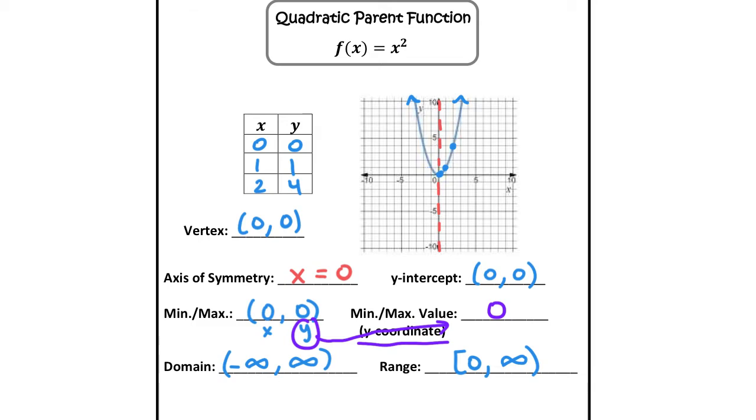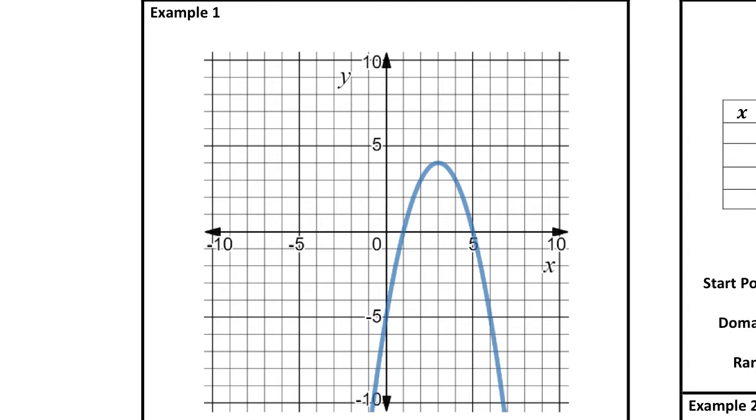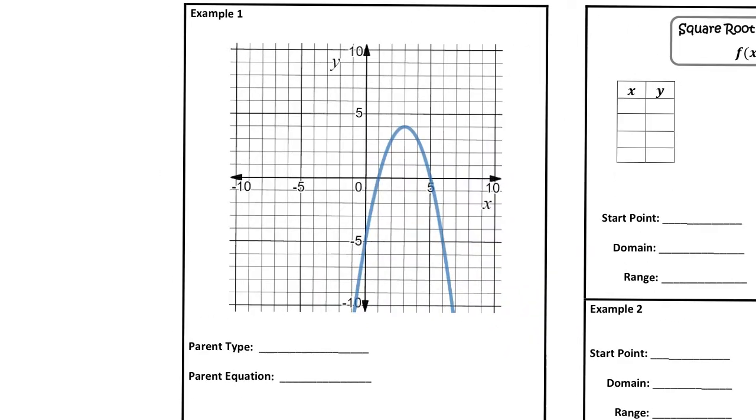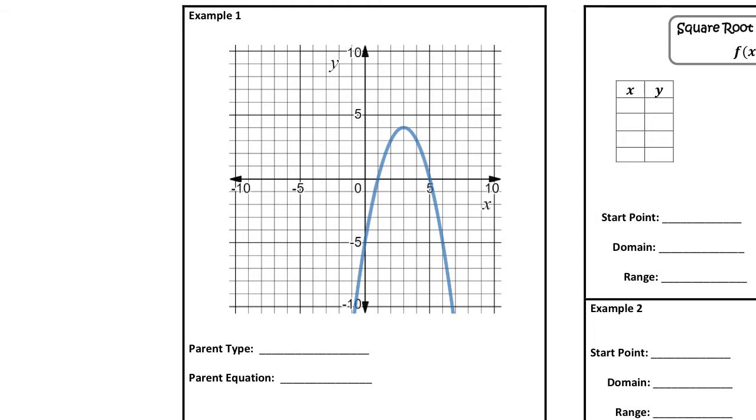So let's look at an example of a quadratic. And let me zoom out a little bit so we can see what they're asking us. Okay, so they're asking us what's the parent type, and I also want to put arrows on the graph.